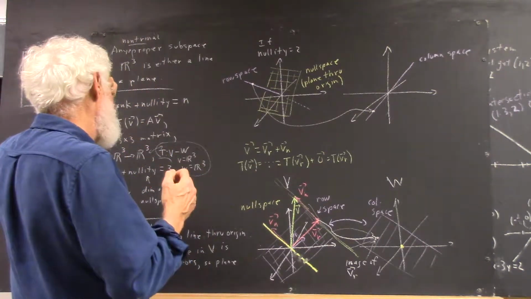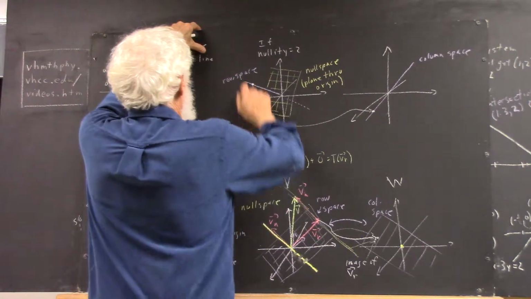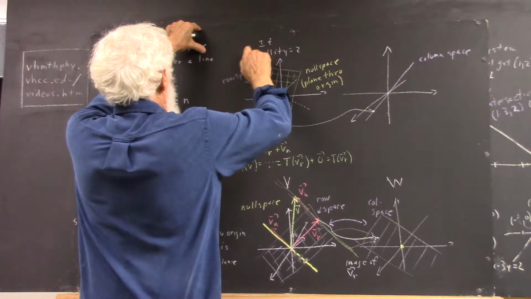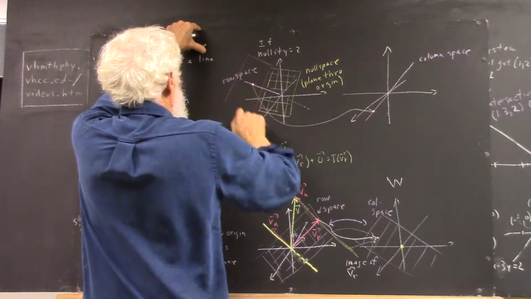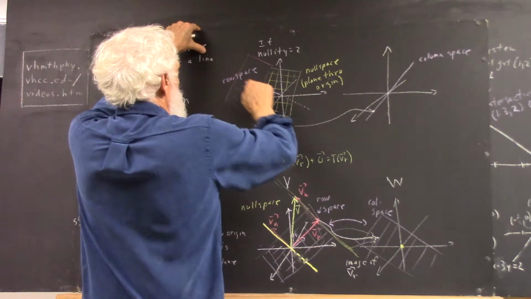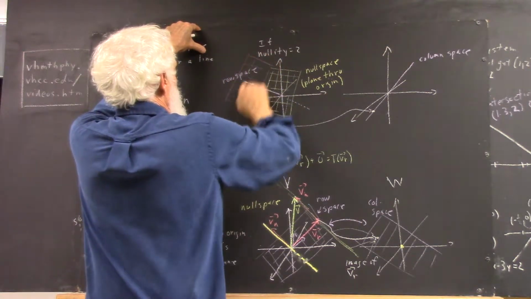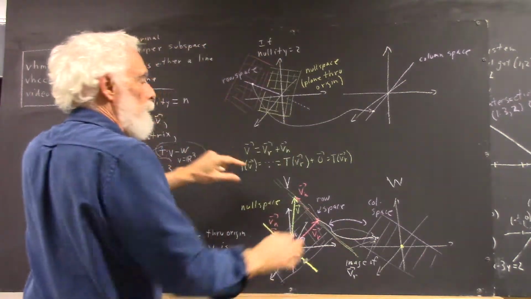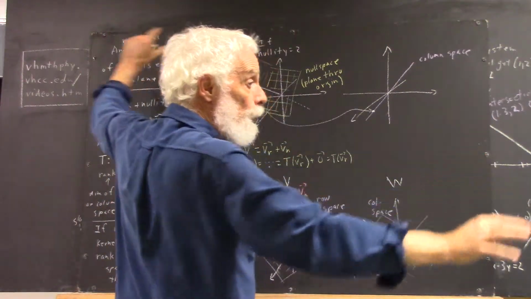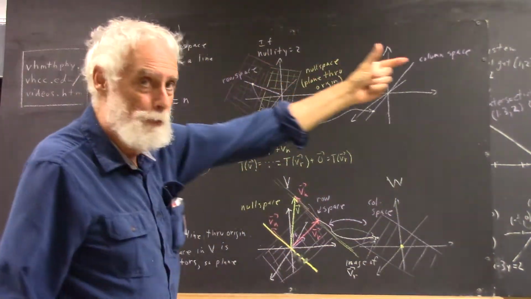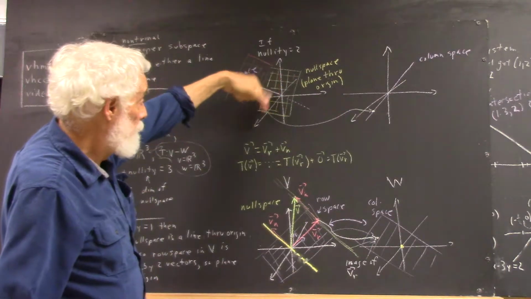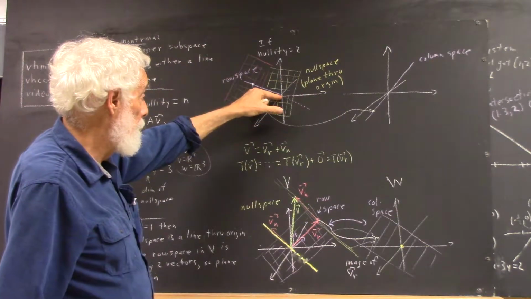And I guess I can attempt to sketch that. Now, of course, the plane goes over all space, but I don't have room to draw the whole space. So I'm just drawing a little section of the plane through the origin here.